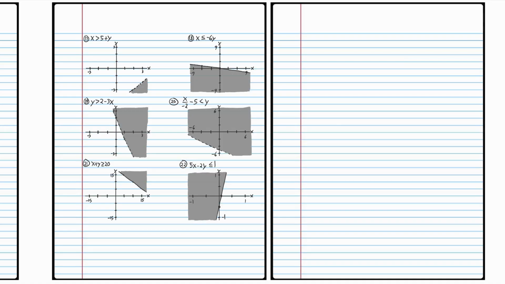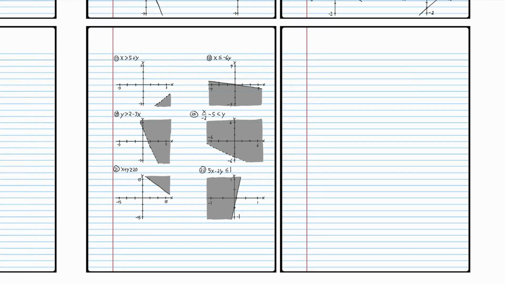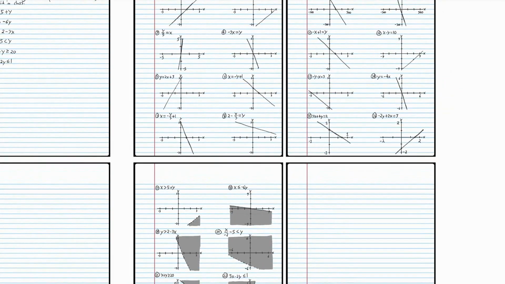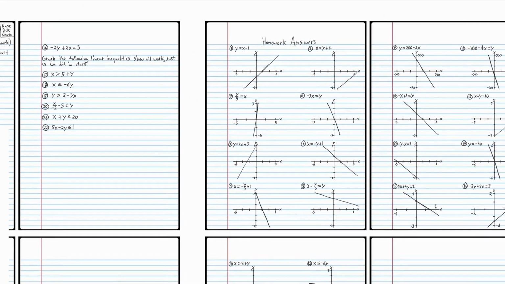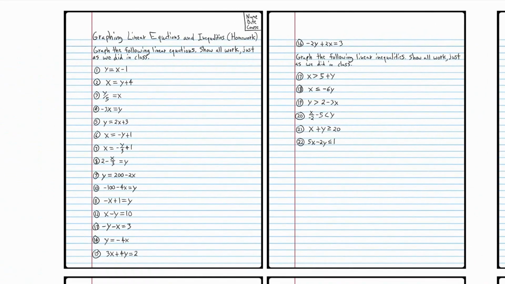You're going to have to draw your axes, just like you see them drawn here. You're going to have to label your axes x and y, write the original equation, circle your problem numbers, and your shading doesn't have to be this good. It just has to be as good as we did in class. And so make sure that you do it completely and correctly, and I'll look forward to seeing you in the next class.